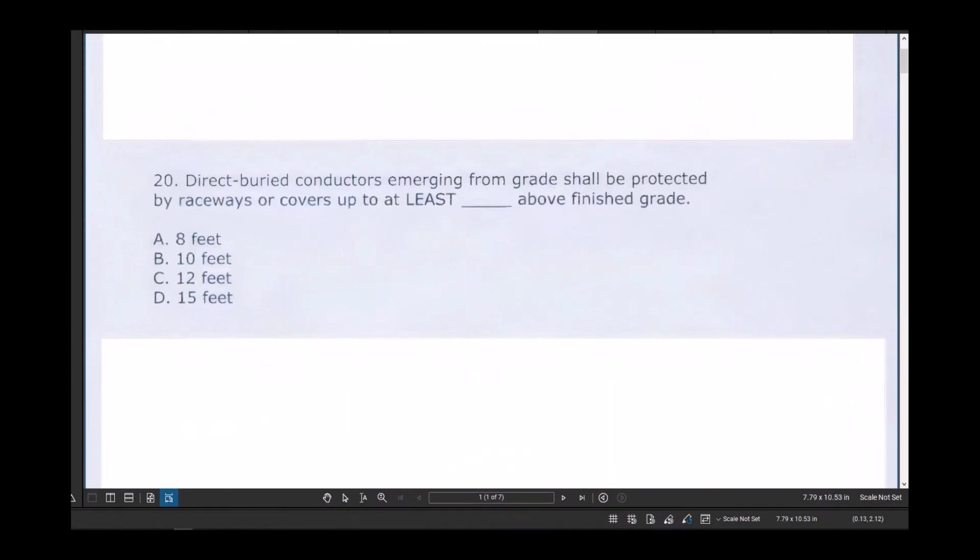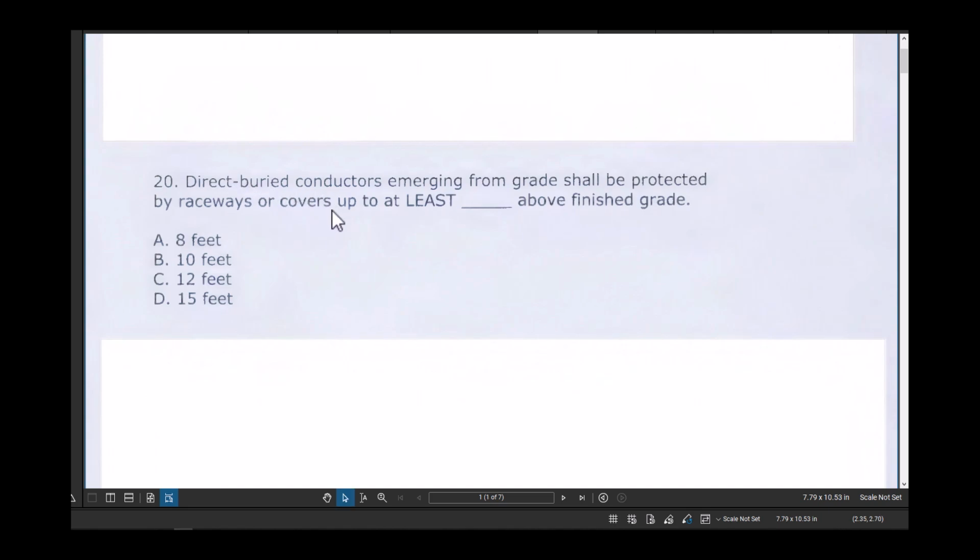Question 20. Direct buried conductors emerging from grade shall be protected by raceway or covers up to at least A, 8 feet, B, 10 feet, C, 12 feet, D, 15 feet above finished grade. If we try to find the keyword here, we're looking for direct buried conductors.